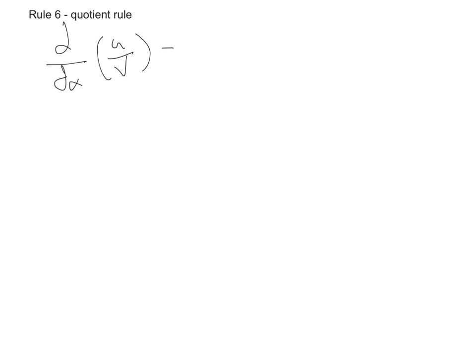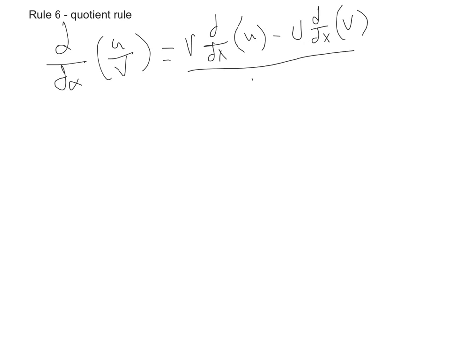You take the denominator times the derivative of the numerator minus the numerator times the derivative of the denominator, and you put that all over the denominator squared. This is called the quotient rule for derivatives.